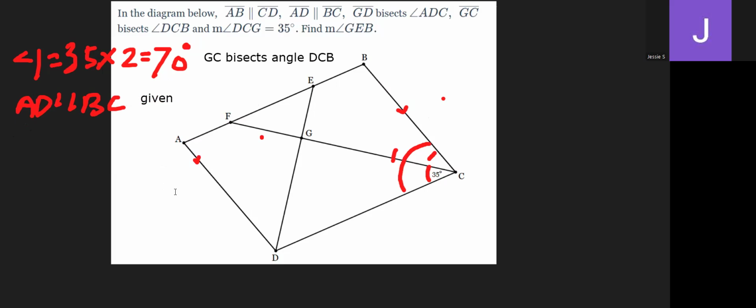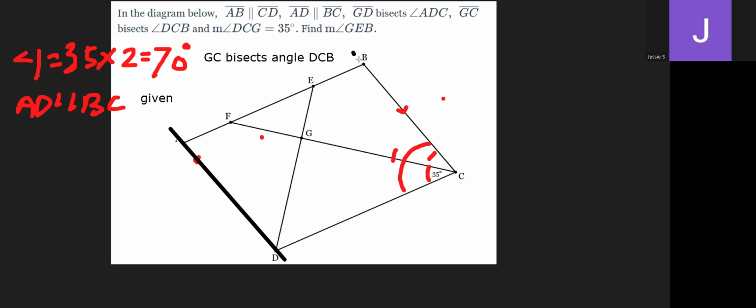There are so many things that we can do with those parallel lines. But remember, we're looking for the measure of the missing angle there. Let me extend these 2 segments.